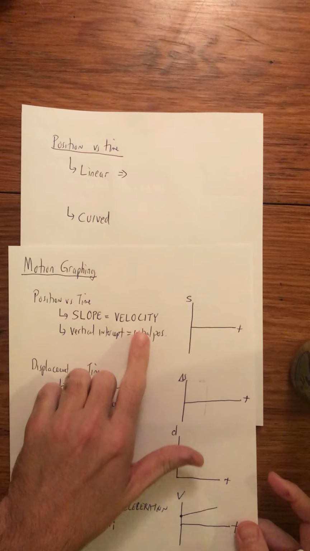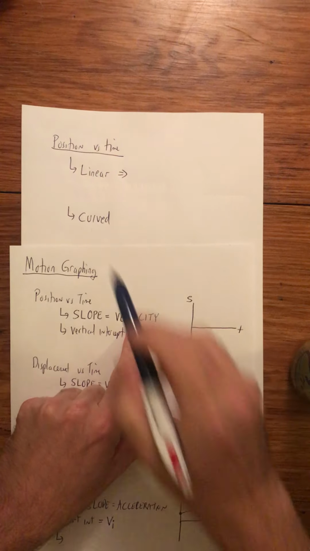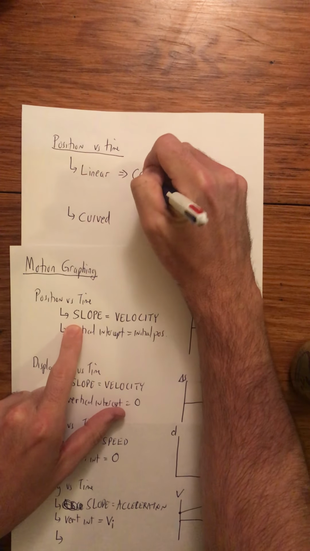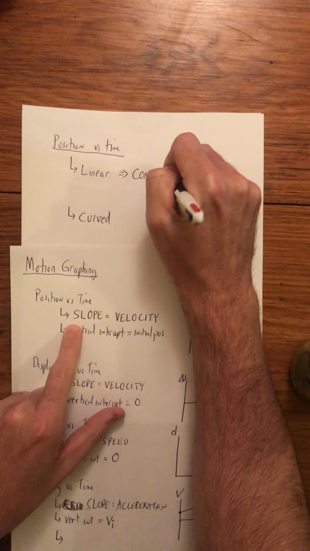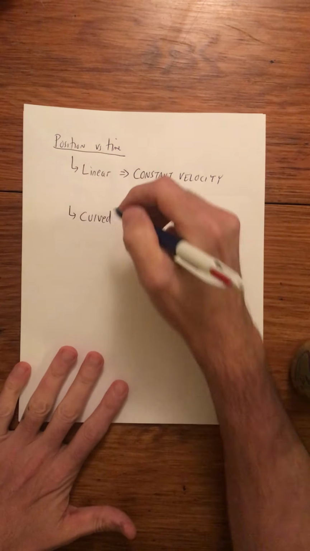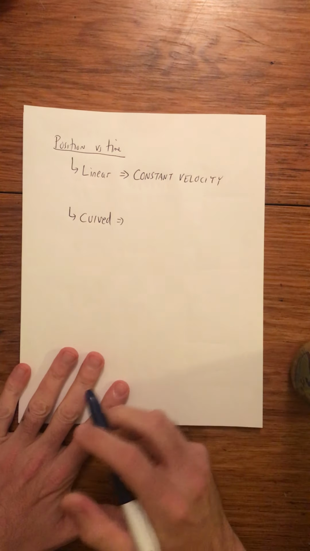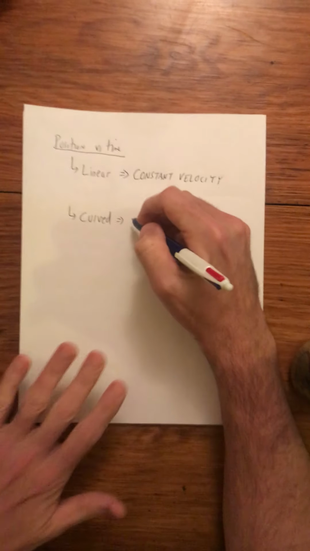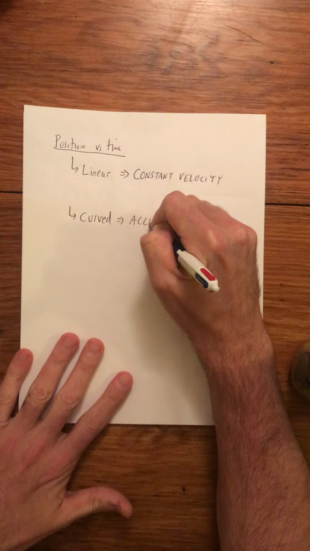If the position versus time graph is linear and the slope represents the velocity, on a linear graph, slope is constant, so this is what it looks like for a constant velocity. All right? And if it's curved, therefore, that means that the slope is always changing, and so this must be for an accelerated motion.